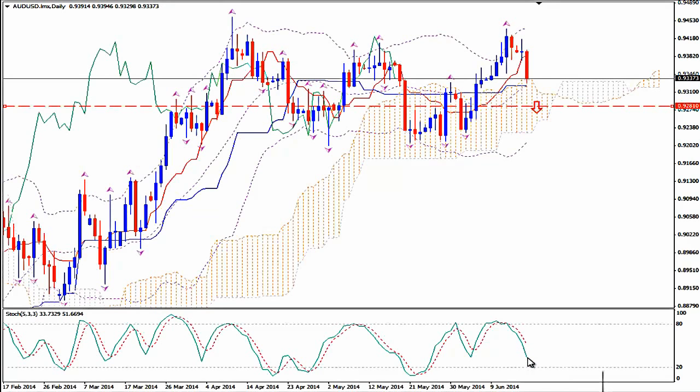So when you see stochastics plunging below the 20 level line and getting curved upwards, prepare to exit. Of course, when they cross above the 20 level line, you should be out.